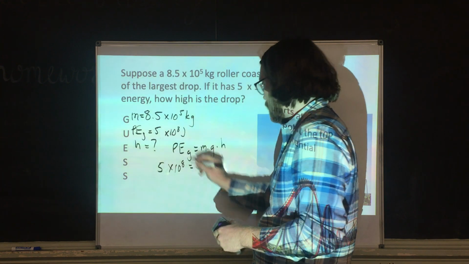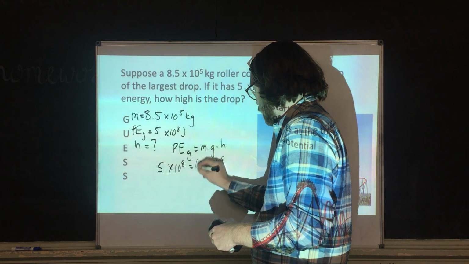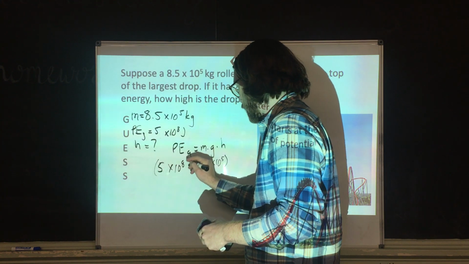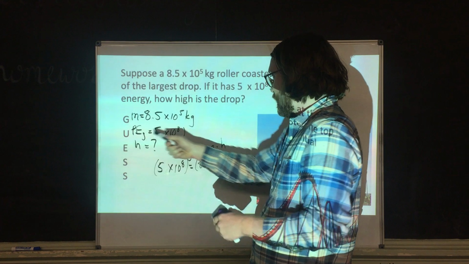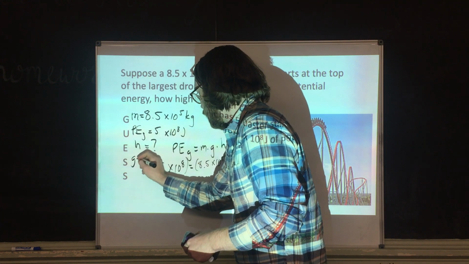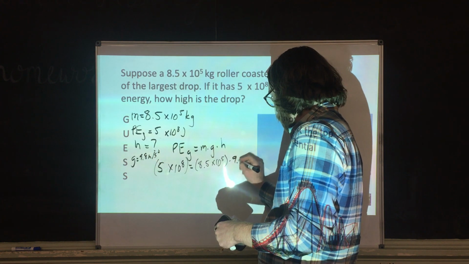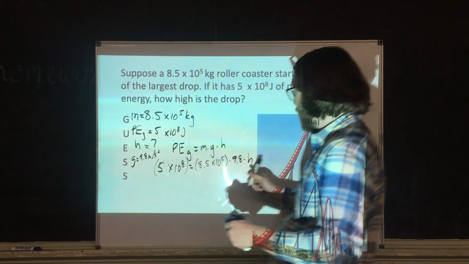That equals my mass, which is 8.5 times 10 to the 5th. I'm going to put parentheses around these, just so we don't get confused, times little g, which is always the same. Remember, little g is always 9.8 meters per second squared. And we're multiplying that by the height. That's what we're trying to find.